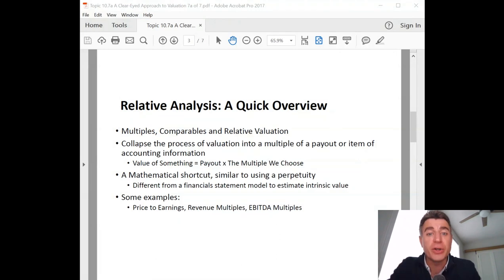And we could consider pricing the new investment, security, arrangement or company in a similar way. All right. What are the common ones we see? And I actually will dig into how to use them in the extension topic. Price to earnings is a version of this. We talk about valuing companies as a multiple of their revenue and valuing companies as a multiple of EBITDA. We'll get into all these.